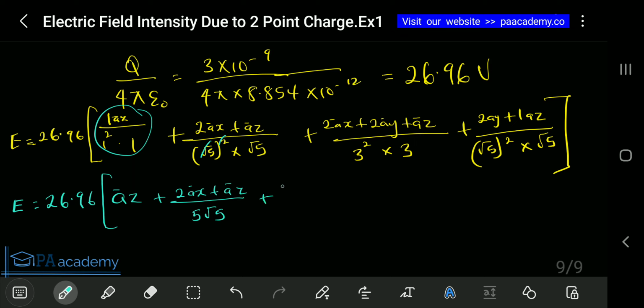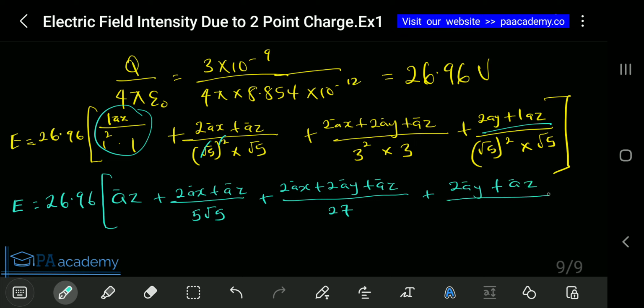Plus 2AX plus 2AY plus AZ, so don't forget the bar at the top, over 27. Plus, for this now, 2AY plus 1AZ, let's just leave it at AZ, over the square root of 5 squared, this square will cancel, so we are left with 5 multiplied by root 5, so we are having 5 root 5. So we can close it.